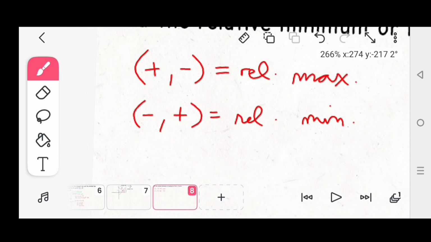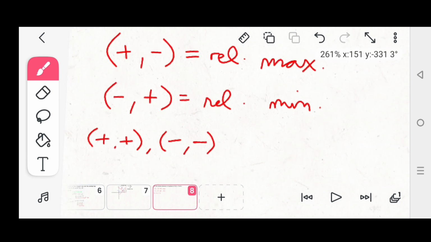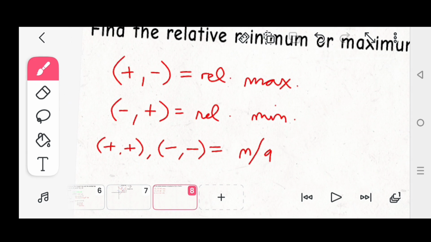But if both of them are the same sign, then it's none. It can't be a maximum or minimum.